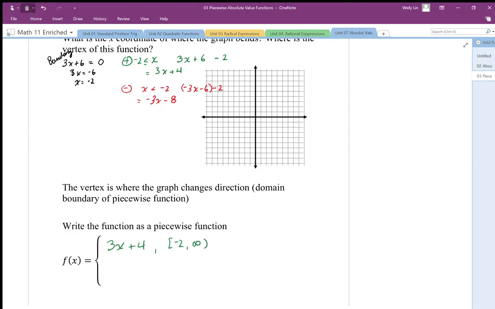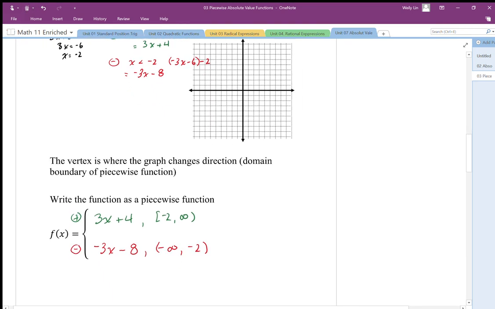And for the negative domain, it's going to be -3x minus 8, and the domain is going to be from -infinity to -2. Okay, so this represents my negative domain, this represents my positive domain, and I've written it as a piecewise function using this curly bracket notation.